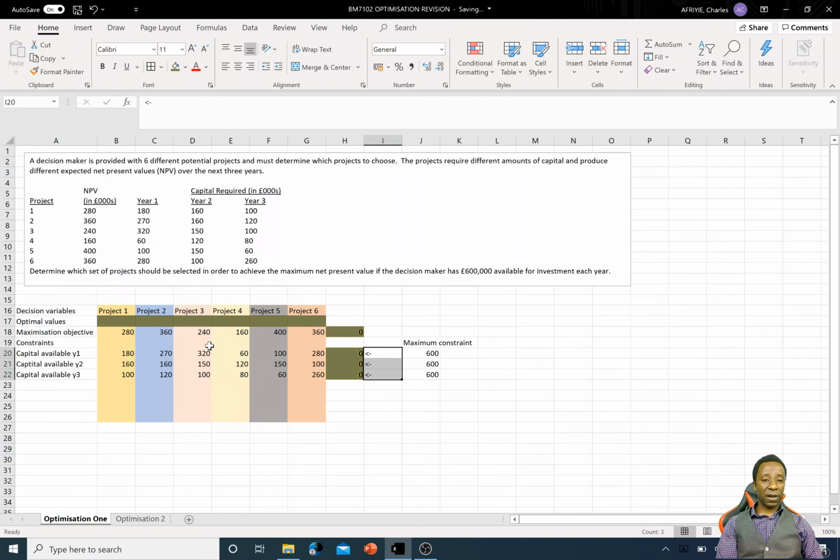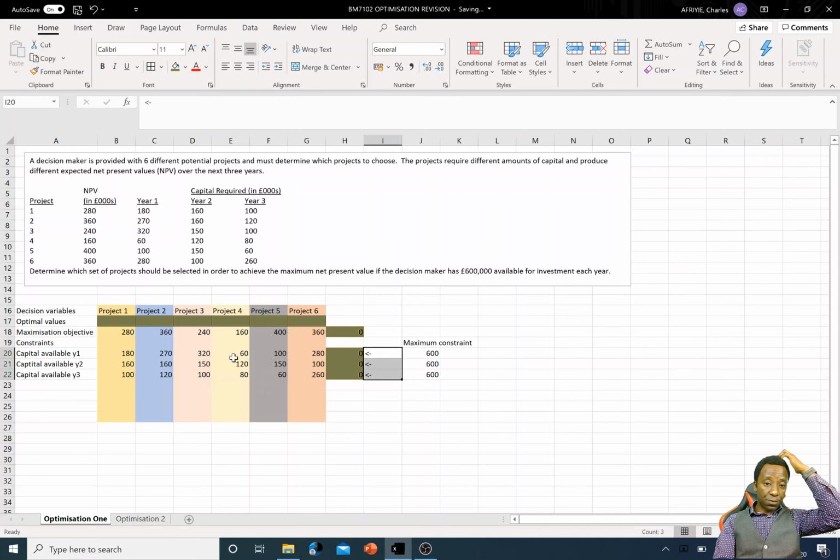So what have I done so far? Let me just rehash what we've done. We've translated this story into a model, and the model has 3 key elements: the decision variables, the optimal values, which would be the solution, and the constraints, including the objective.